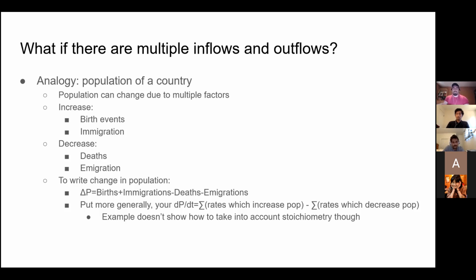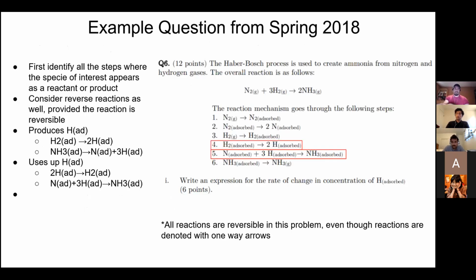which you could rewrite as dp/dt is equal to the sum of the rates that would increase it minus the sum of the rates that would decrease it. And we're getting closer to where we want to be in order to answer the question, but we haven't talked about stoichiometry, because you can't say one person is born and that increases your population by 2 or something like that.